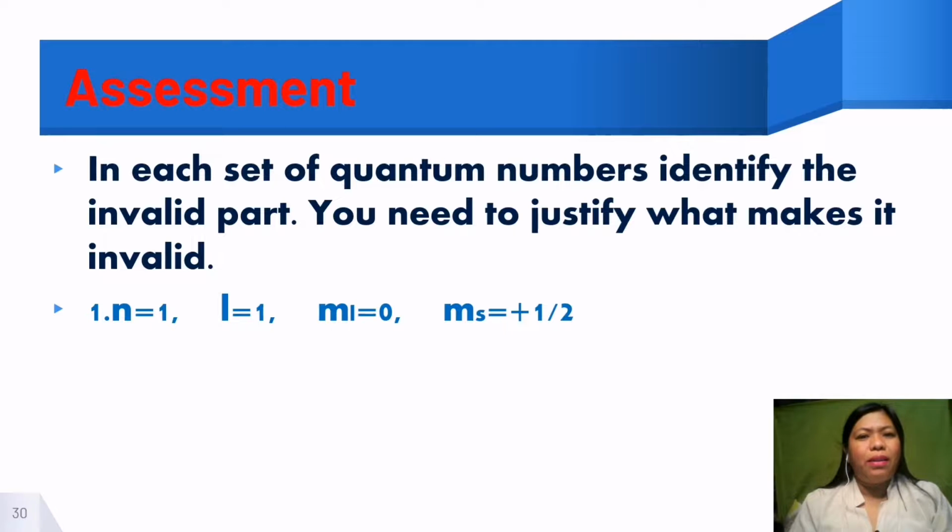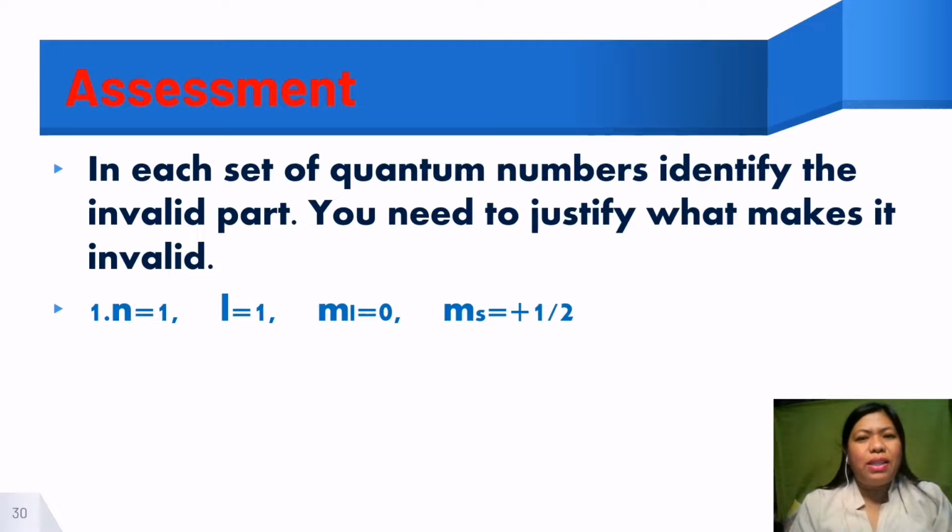Our set of quantum numbers, so we have n is equal to 1, L is equal to 1, M sub L is equal to 0, and M sub S is equal to positive 1/2. Using the formula n minus 1, we can find the value of L. L is equal to n minus 1 or 1 minus 1, wherein our L value is equal to 0.